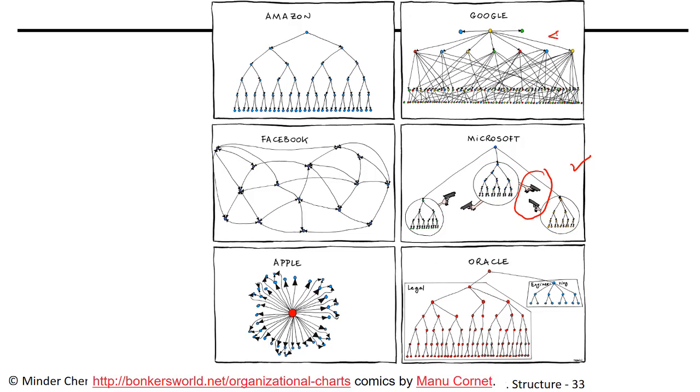Google is more of a network-based organization, which looks like a mess. It can be very innovative, it could be very messy. Amazon, to some extent, is very disciplined, with a very traditional hierarchical structure. Facebook has the discipline, but it's more network-like.